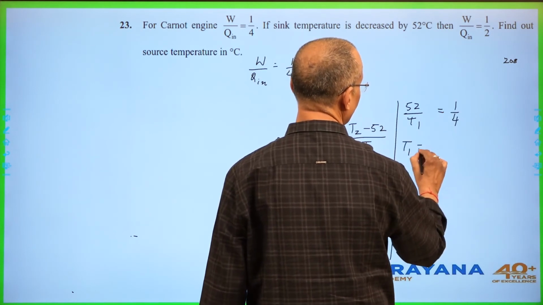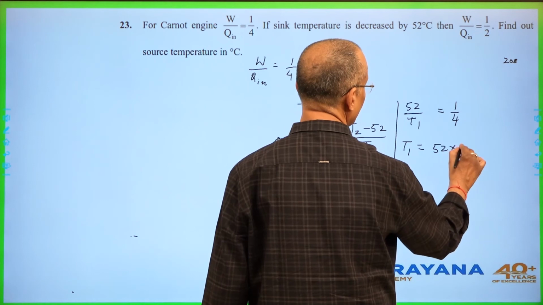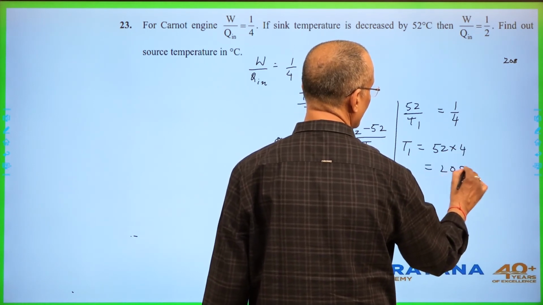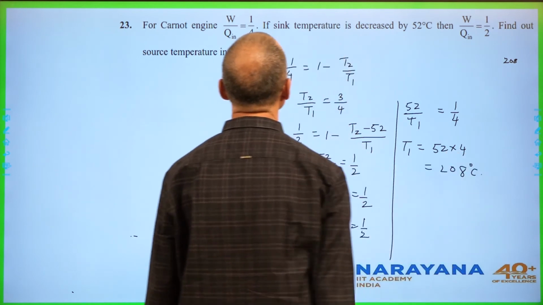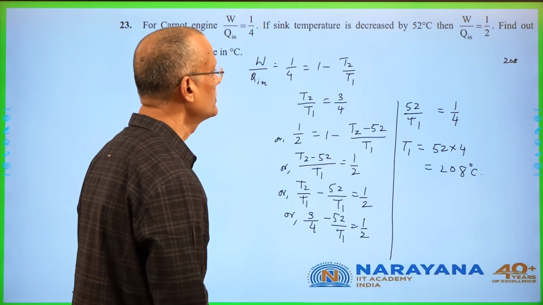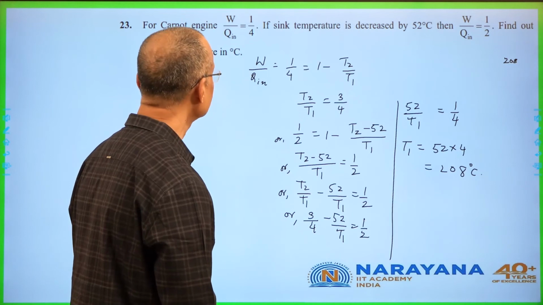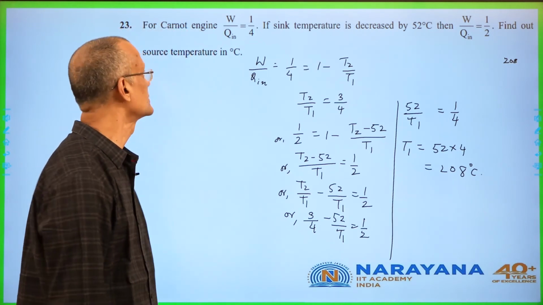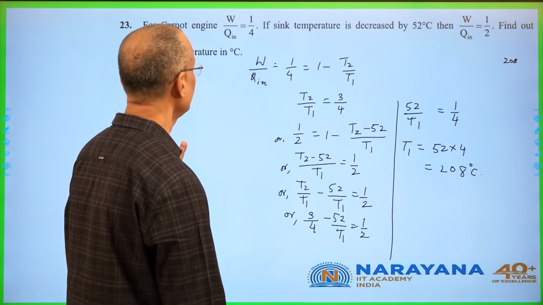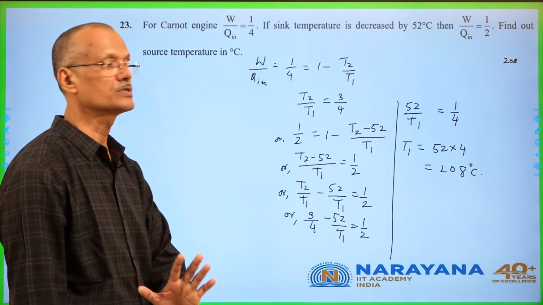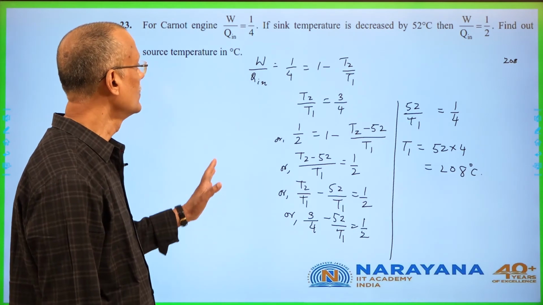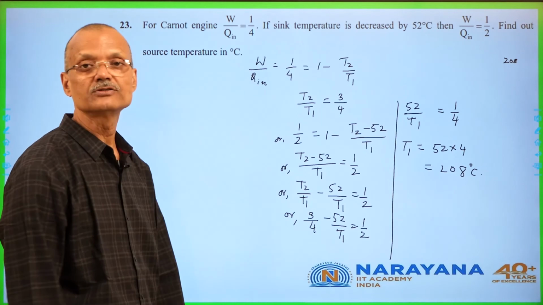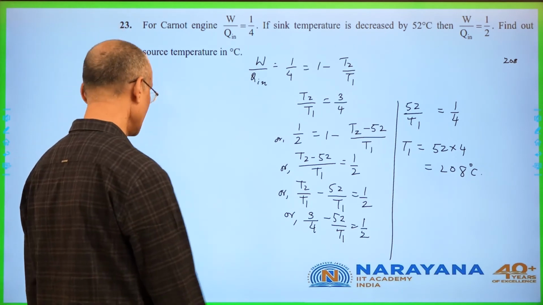So T1 will become 52 into 4 degrees centigrade, 208 degrees centigrade. Your answer will become 208 degrees centigrade, and that will be the temperature of source. So question number 23, direct formula based question it is. Okay, 1 minus T2 by T1, and answer is ready as 208 degrees centigrade.